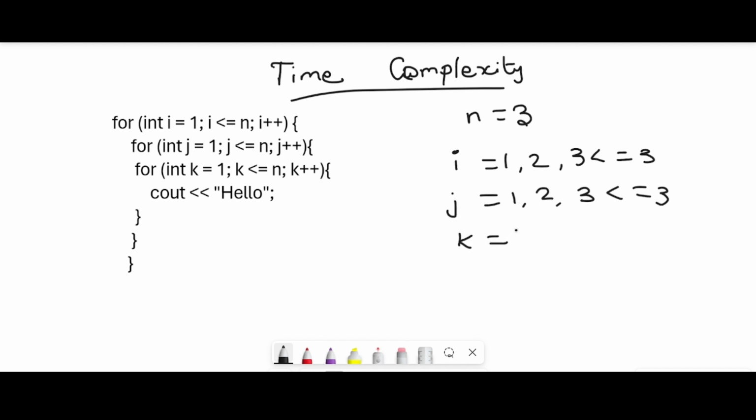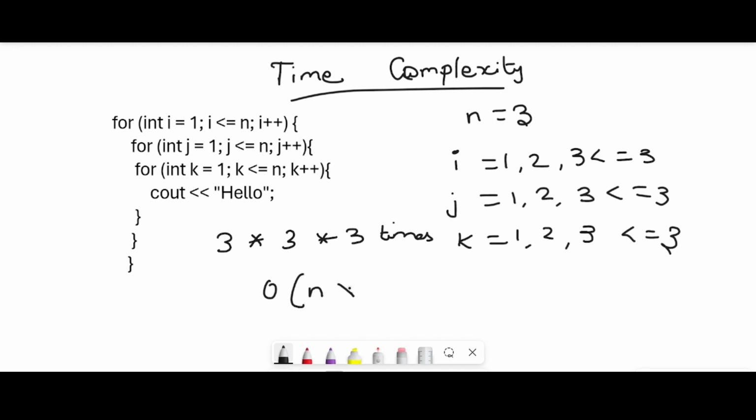If we look at k, it also takes values 1, 2, 3, which is less than or equal to 3, which means hello will be printed 3 into 3 into 3 times. So the time complexity for this code is n into n into n times. That is order of n cube time complexity.